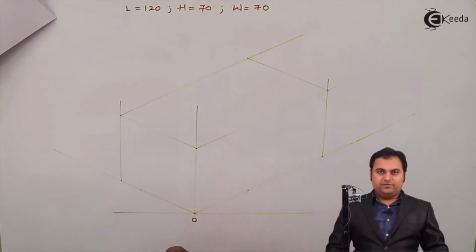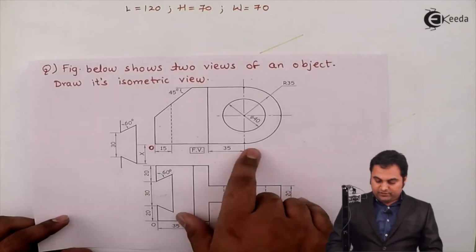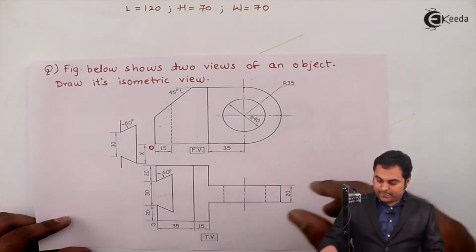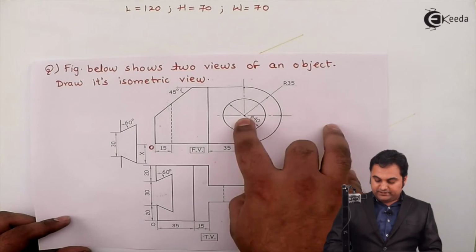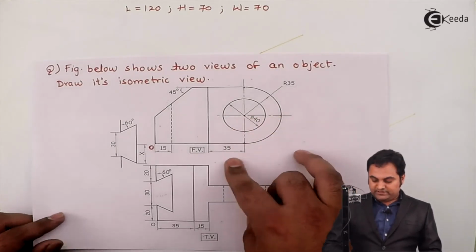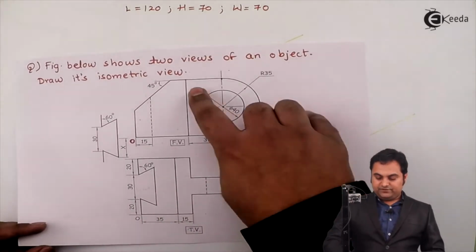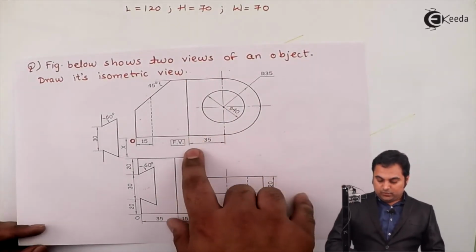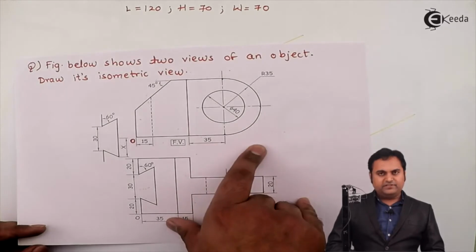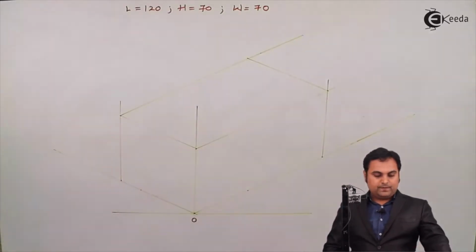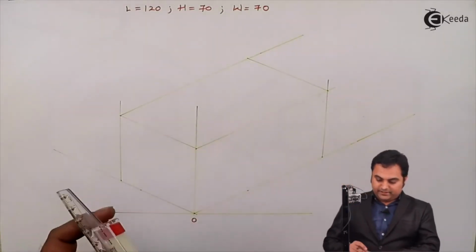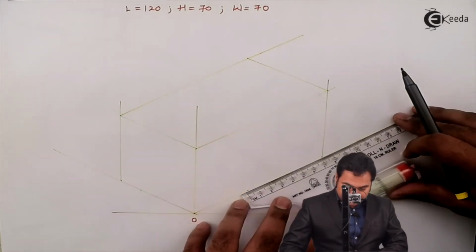In order to simplify this drawing, in the front view, this is 35, and from the center up till the end, that is also 35. So leaving 70 mm from one side, I can divide this drawing into two parts. First is this semicircular portion, which will be of 70 mm length, and then the remaining portion. So here I am taking a length of 70 mm from this side.